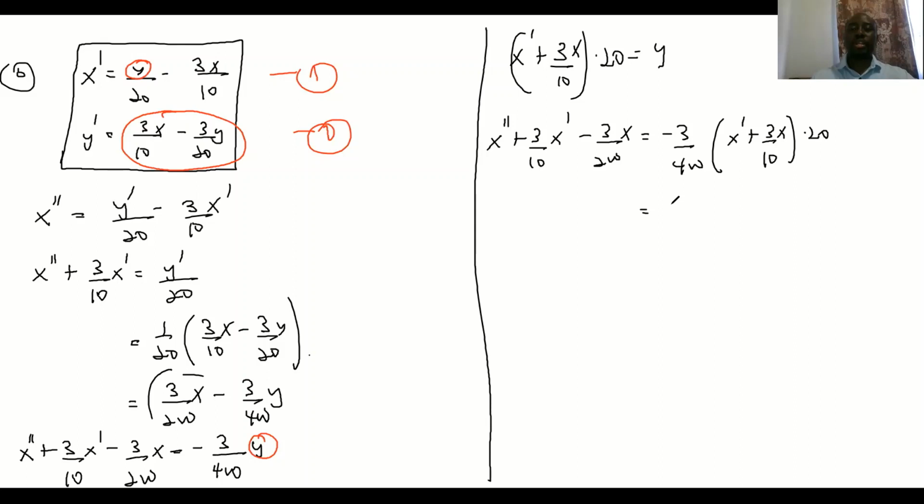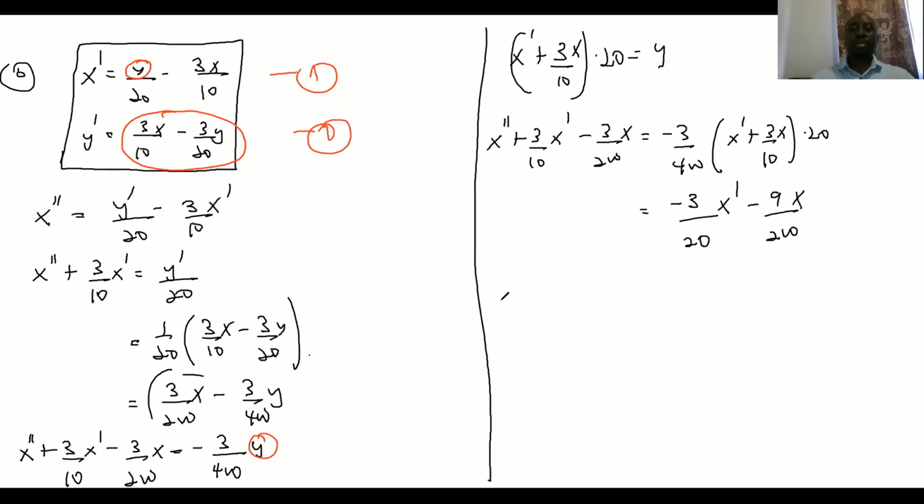Okay, so this gives me minus 3 over 20 x prime minus 9 over 200 x.